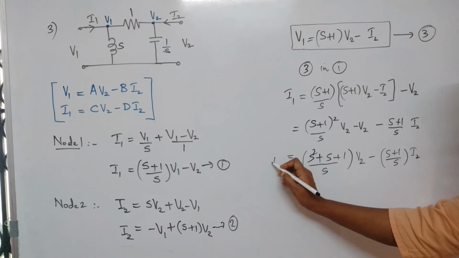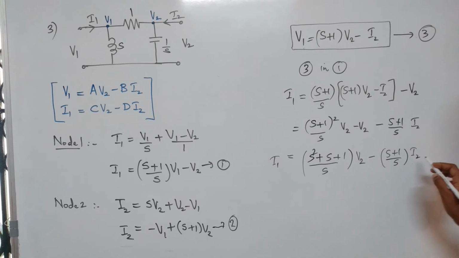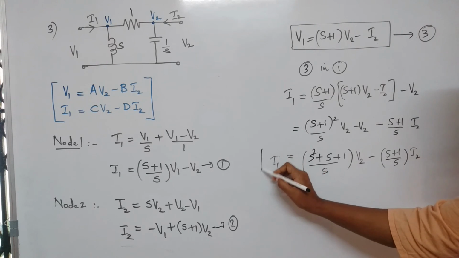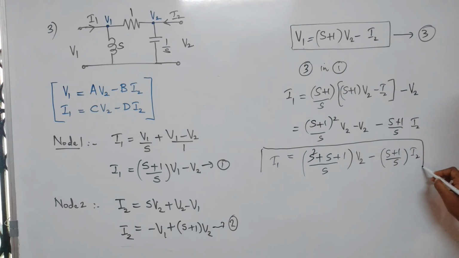So we got I1 also in terms of V2 and minus I2. This is again in standard form. So this is equation number 4.